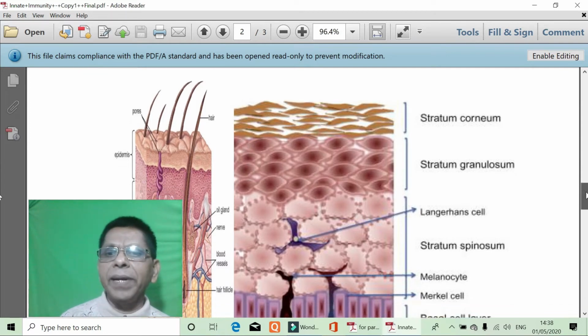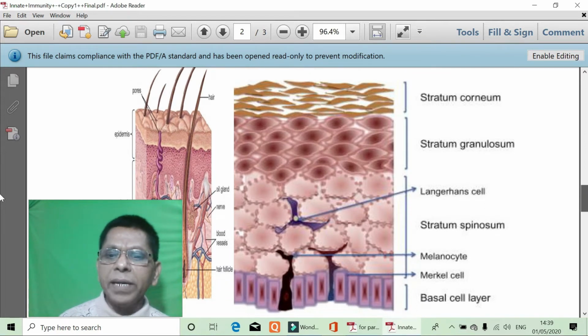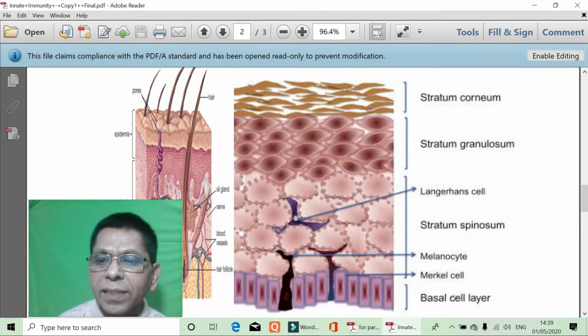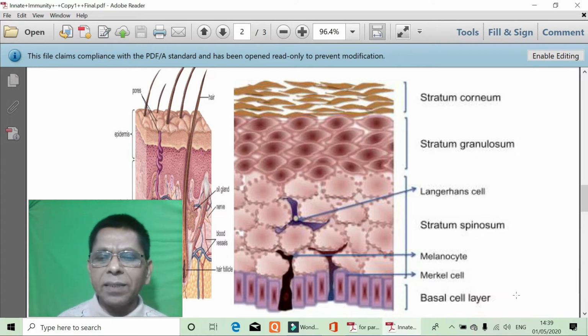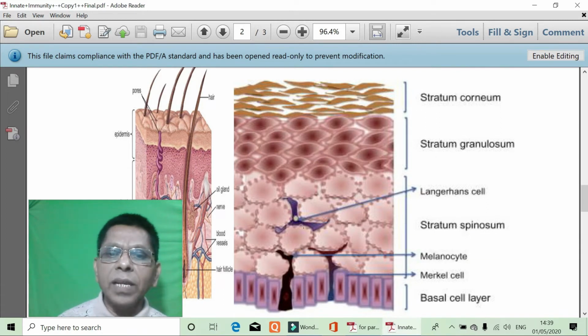The epidermis of human skin is made up of many layers. You will find them right from the bottom to the surface. The layer which is present at the bottom is called the basal cell layer. This layer is also called the stratum germinativum. Then the layer which is present here is called the stratum spinosum.